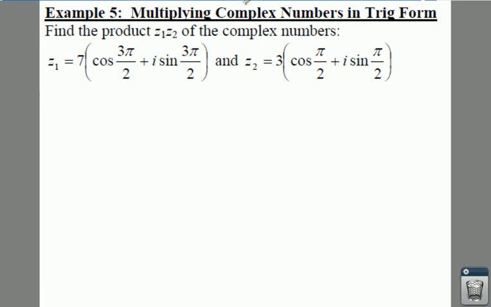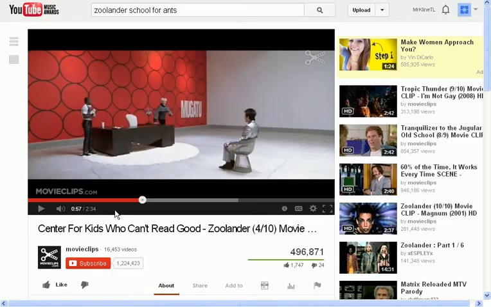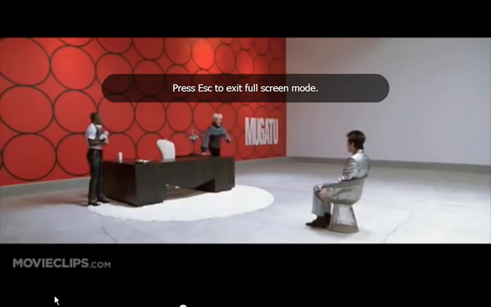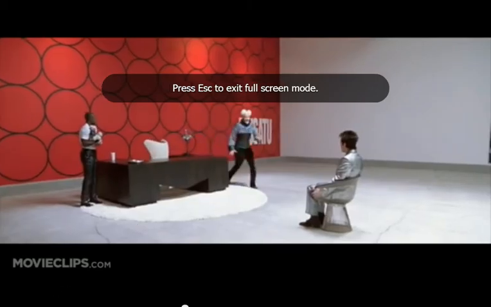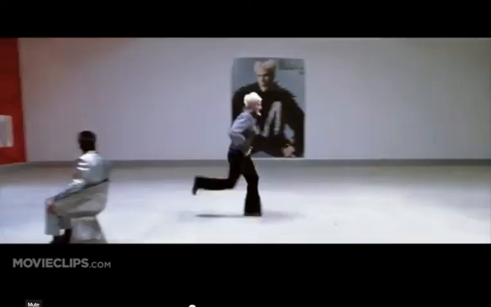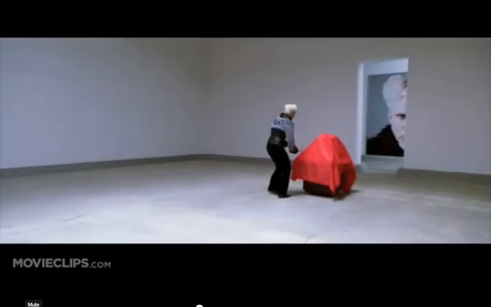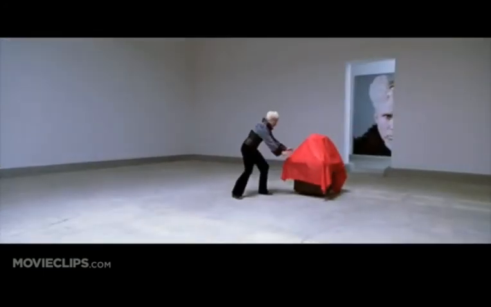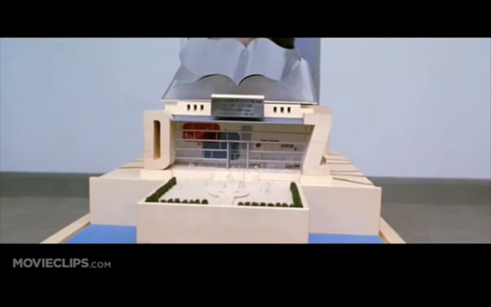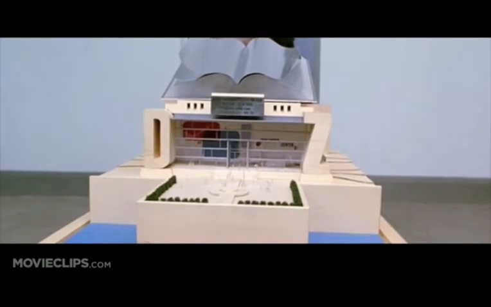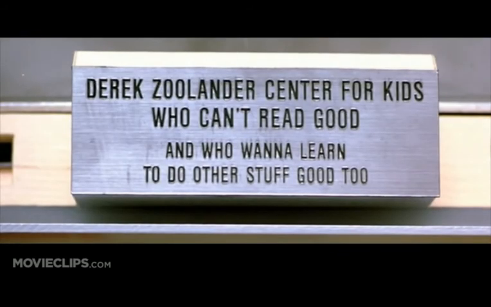But I know some people have a little bit of difficulty reading. So rather similar to this right here. Let's get back to the reason that we're really here. Without much further ado, I give you the Derek Zoolander Center for Kids Who Can't Read Good.